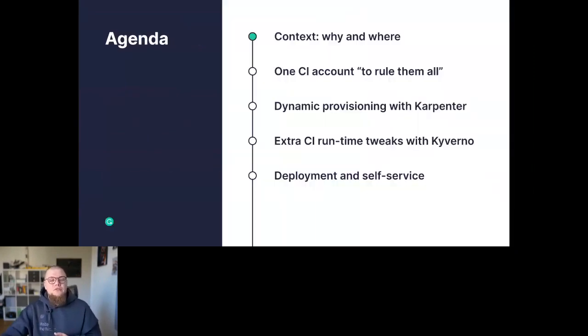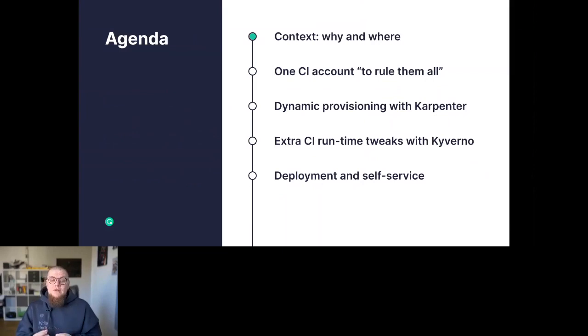Here is what I'm going to cover in this talk. For starters, the context: why we decided to create a new CI/CD infra and how the whole backend infra and code management look in general. Then I will explain how the one account contains our CI/CD infra and how CI jobs get access to resources in other AWS accounts. After that, we will meet the Karpenter node provisioner, and I will explain how it works and how we use it.